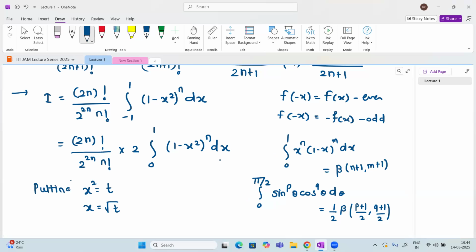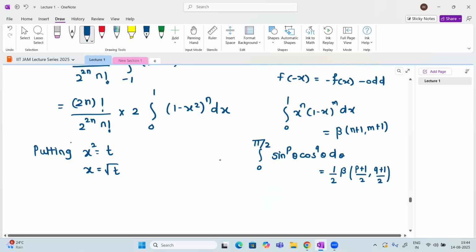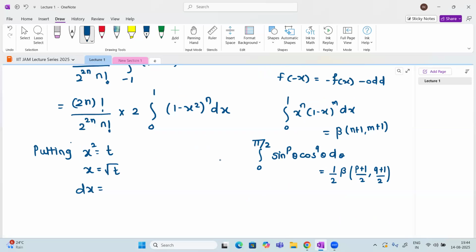When you put anything, what is your first job? We change the derivative. What is the derivative of root t? 1 by 2 root t, dt, right? And the second task, limits. What will be the new limits? 0 and 1 only.